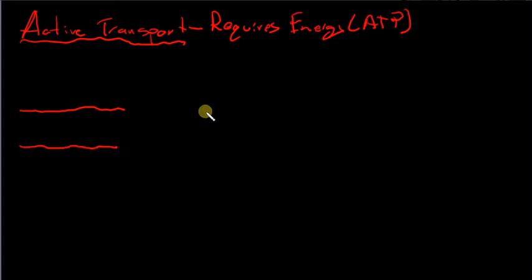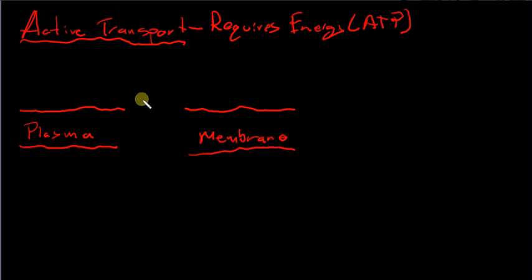We've got our plasma membrane, and I'm going to just write it here so I don't have to take time to draw all the phospholipids again. And just like before, we're going to have a protein that is in the plasma membrane, an integral protein.